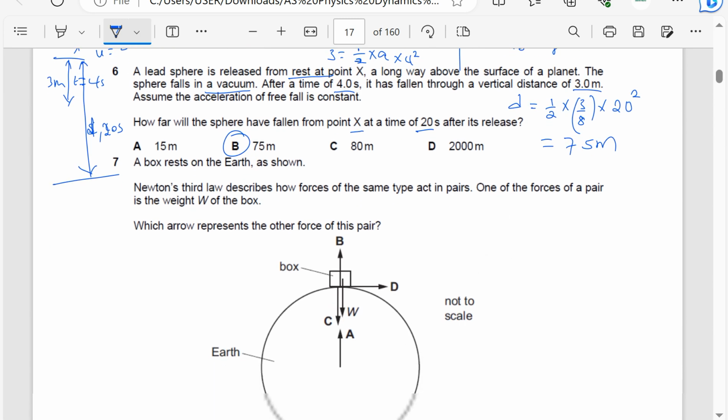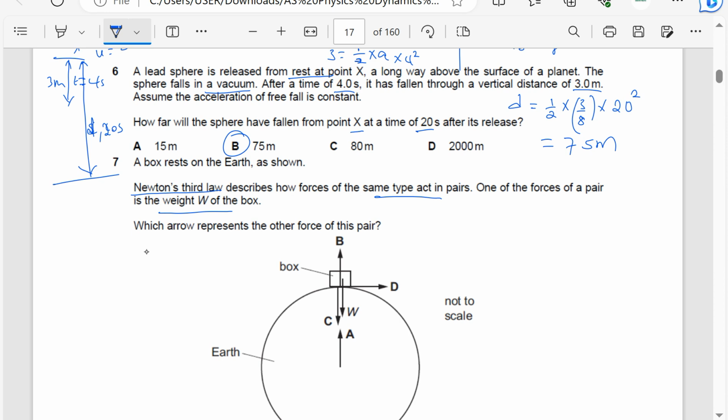A box rests on the earth as shown. Newton's third law describes how forces of the same type act in pairs. One of these forces of a pair is the weight of the box. Which arrow represents the other force of the pair?